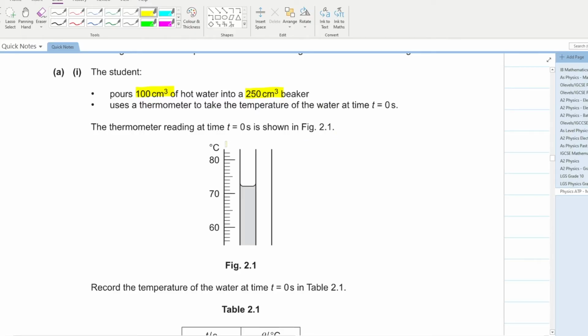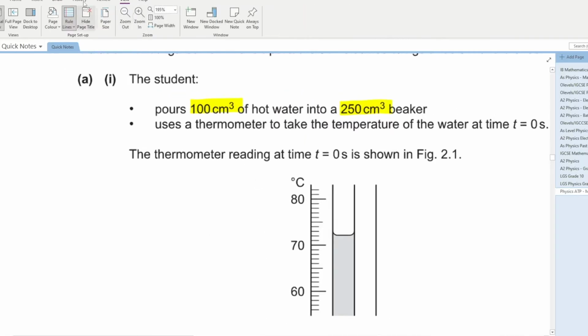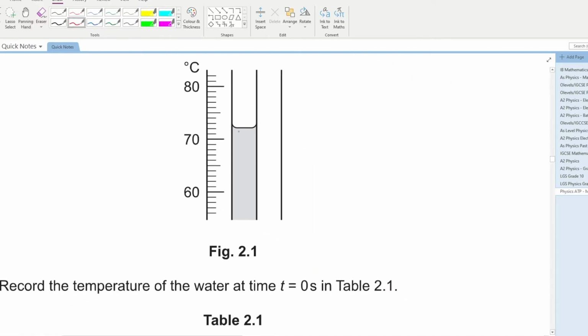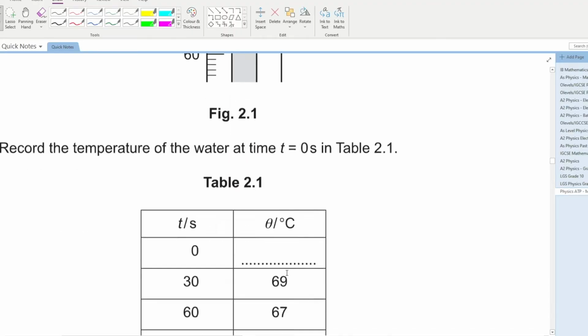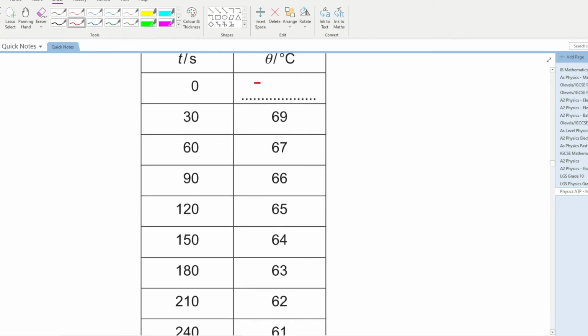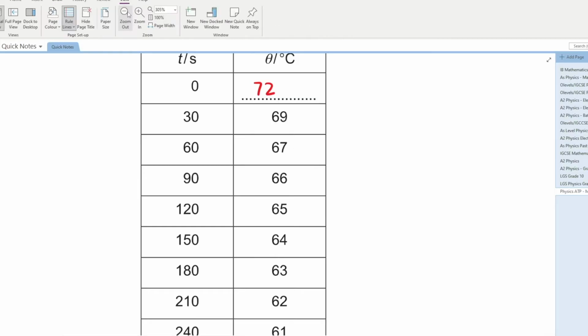The thermometer reading is shown in figure 2.1. Always remember that we use the lower meniscus to take the reading. This comes out to be 72 degrees. Record the temperature of the water at t = 0 seconds. That is 72 degrees centigrade.